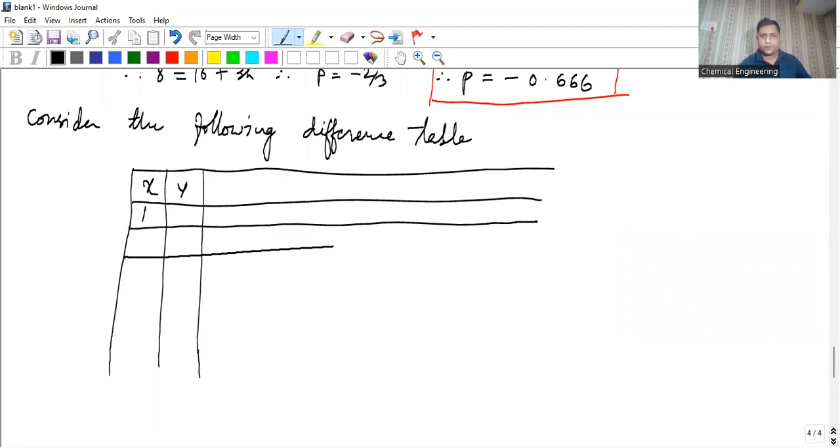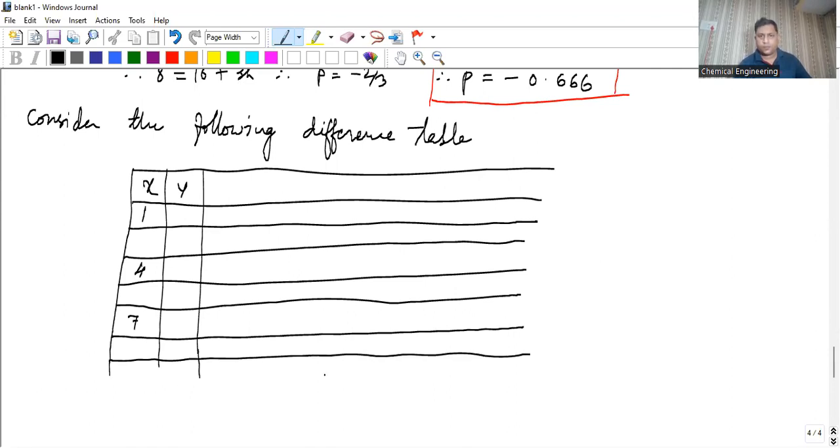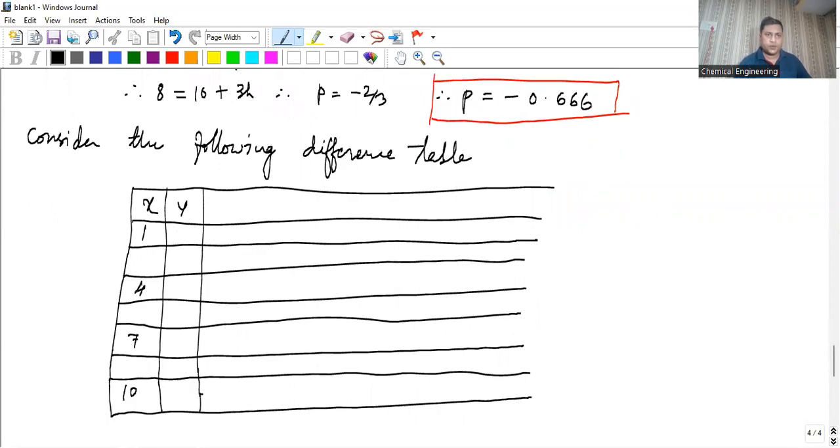So it is 1, then we have 4, we have 7, and we have 10. Here y is 65, this is 343, and we have 1001.